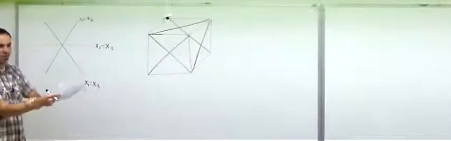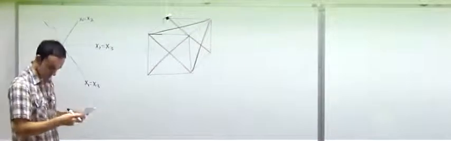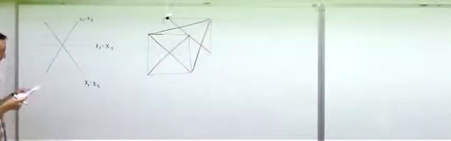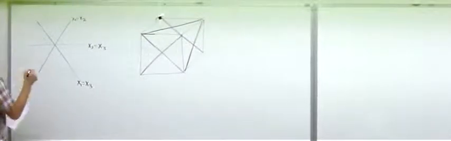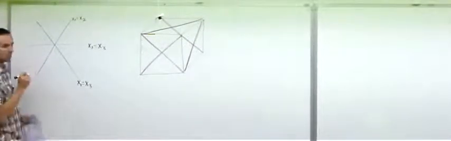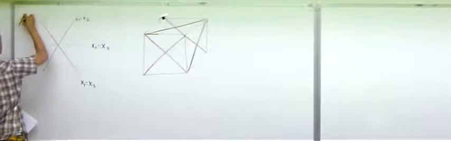Let's do some more examples of nice arrangements and nice characteristic polynomials, etc. So the first thing I wanted to do is revisit the Braid arrangement, which I forget exactly what I called it, but now I'm going to call it A2.